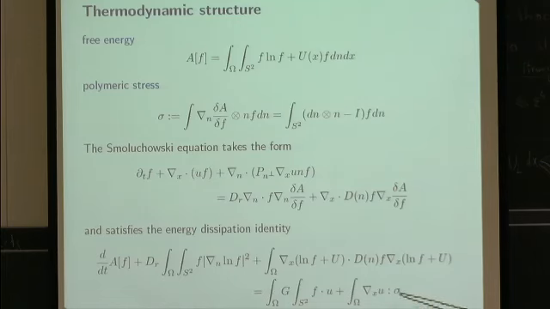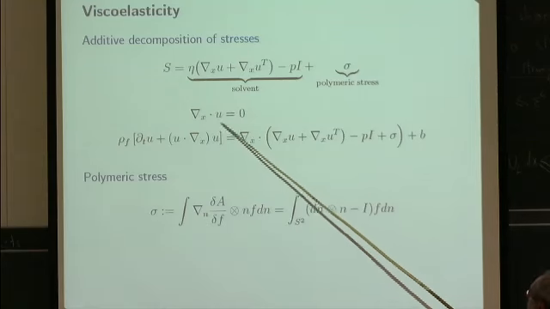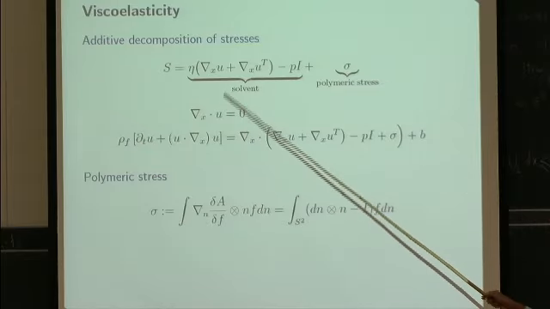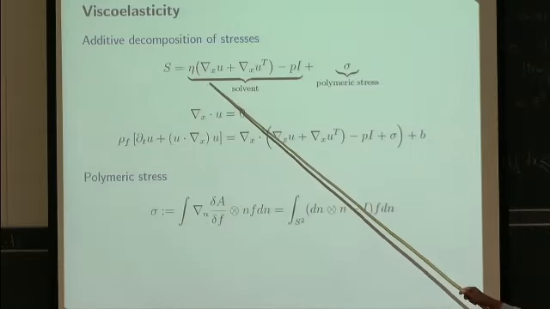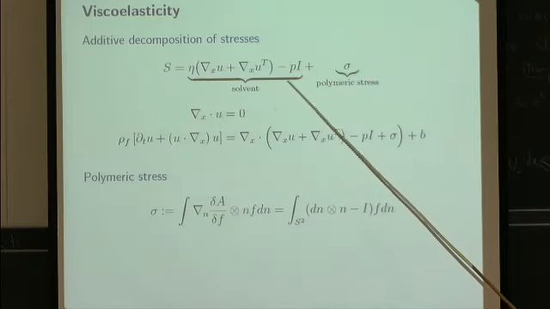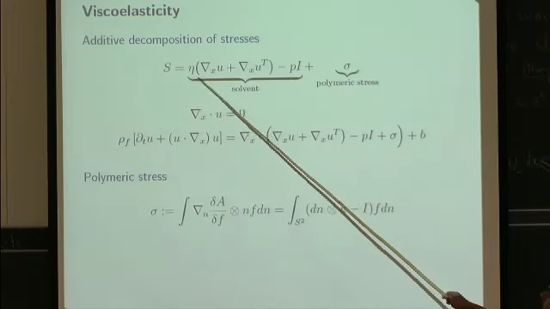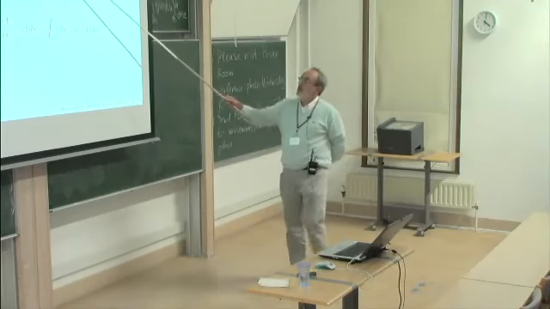And if you add this relation to the corresponding relation that you would get if you introduce also the Navier-Stokes equation, for example, I recall that a viscoelastic fluid, for this context, would consist of a viscosity of the solvent plus a viscosity for the polymeric stress.